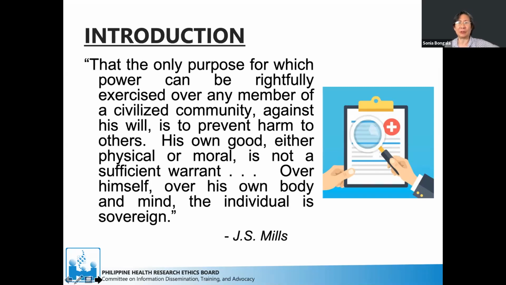If it's only for his own good, it is not enough to warrant going against the will of the other person. But over himself, he has his prerogative and sovereign right.